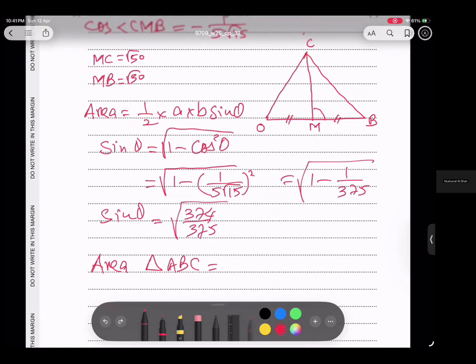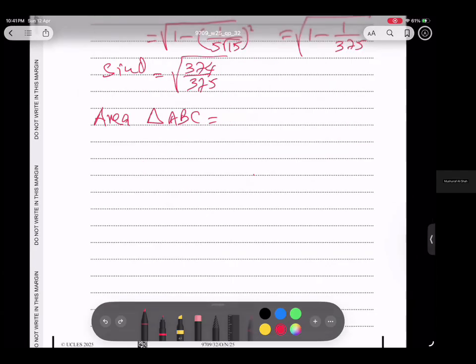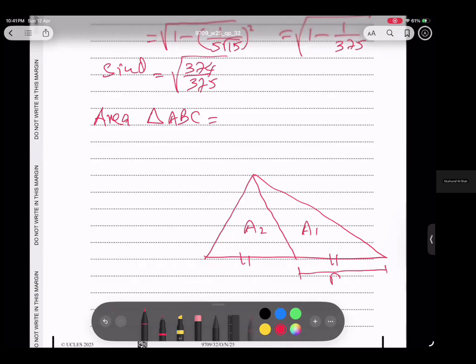You ask why multiply by 2? Because I will tell you one very important criterion, just for the sake of understanding. Let's say this is the middle part, and this area and this area. You will be surprised to know that because the bases are equal, if we find area one and area two, they are 100% equal.